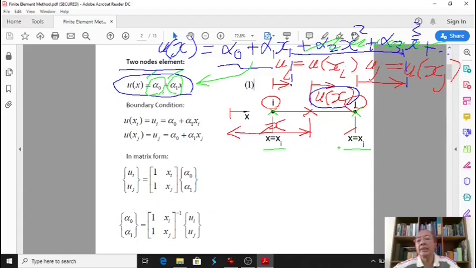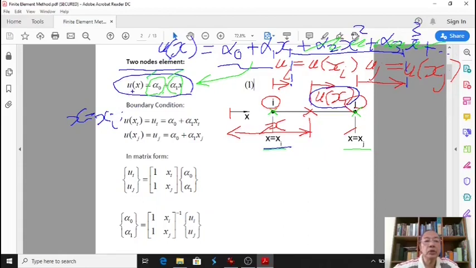So from here, we need to take these boundary conditions. At x equal to xi, at point I, we substitute into this.